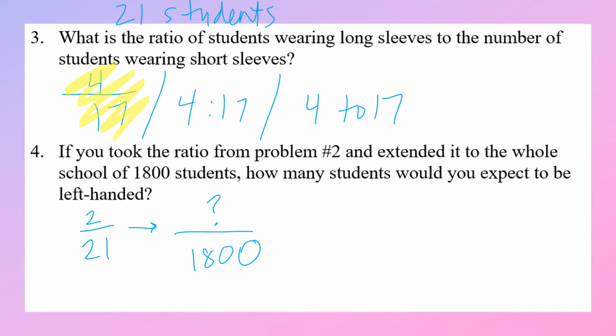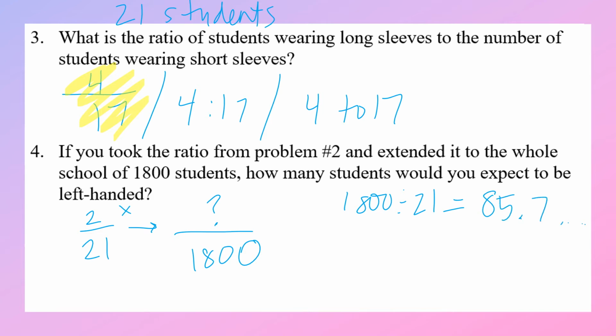I could do something called cross multiplication. Or I could think about, okay, what is 1800 divided by 21? And then I'd get some weird number, and then I'd want to multiply 2 by that number. Let's see if I divide it out. Hold on a second, I gotta pull up my calculator. If I do 1800 divided by 21, I would get like 85.7 something.